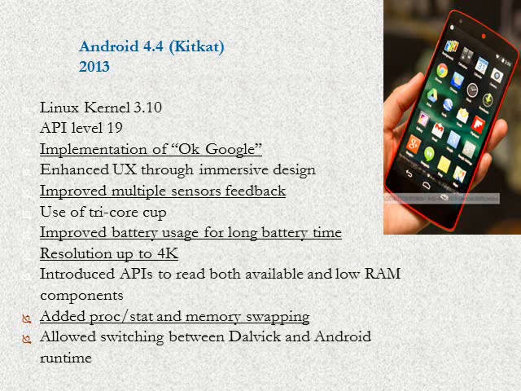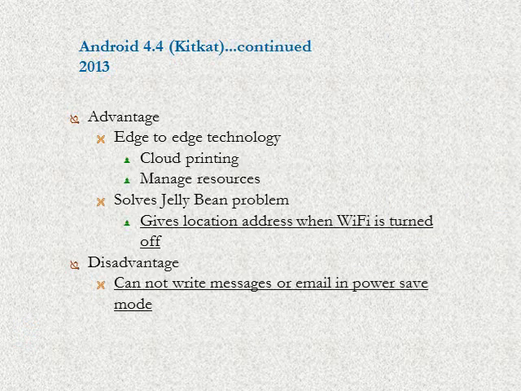From the user's perspective, the screen was one, the battery was another, the speed of the applications was enhanced as well. Yeah, it also solves the Jelly Bean problem that if Wi-Fi is on, it can still acquire the location of the device. A disadvantage that it had, that if the mobile is in power save mode, you cannot write messages or emails.